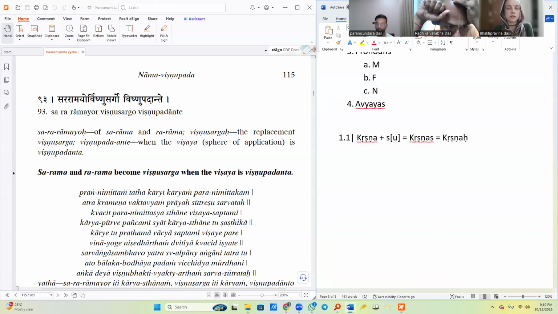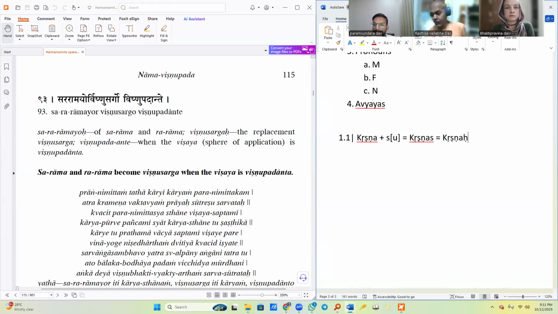But sometimes there are other rules also. For example, Krishna's tu Bhagavan Swayam, where the Krishna's stays as it is, and then we apply Sandhi.